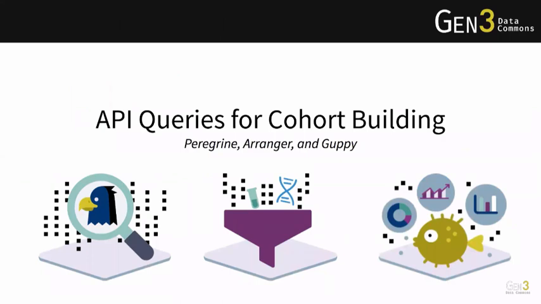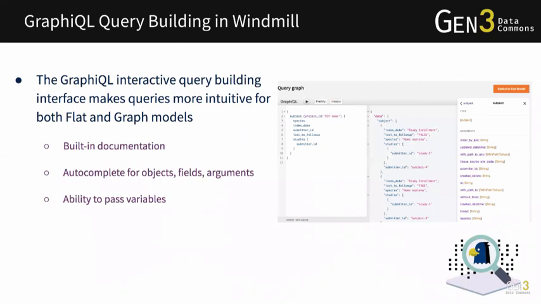Next, I'm going to talk about API queries for cohort building. This is accomplished by the Peregrine, Arranger, and Guppy services. If you click the Query button in the top navigation bar of the Gen3 Data Commons, it brings you to the graphical query building, interactive query building interface.